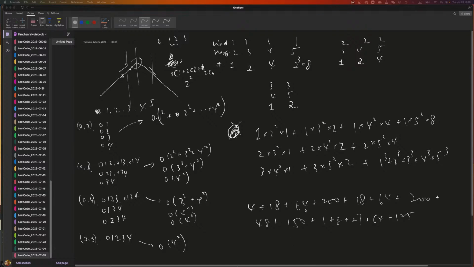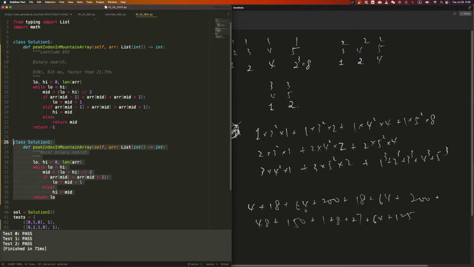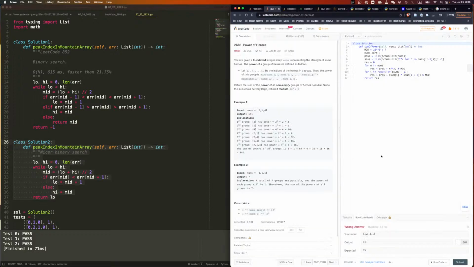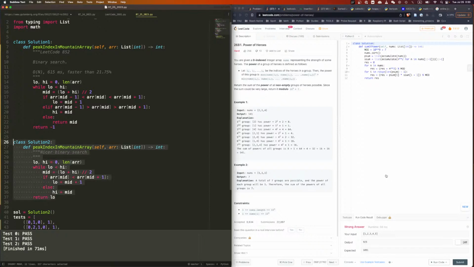I got 991. Let's try this: 1, 2, 3, 4, 5. 991. Nope, I'm 100 short. Damn it, gosh, man. 100 short.